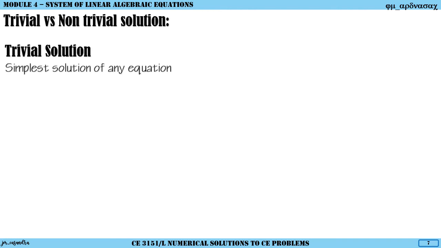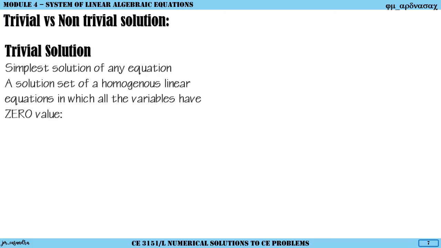The solution sets for a linear system could either be trivial or non-trivial. A trivial solution would simply be defined as the simplest solution of any equation. Thus, a solution set of a homogeneous linear equation will follow these conditions.